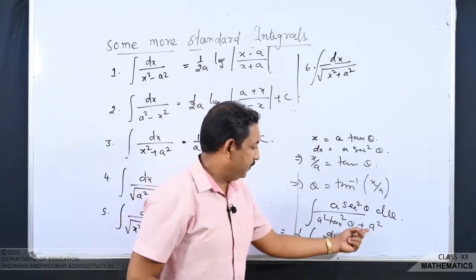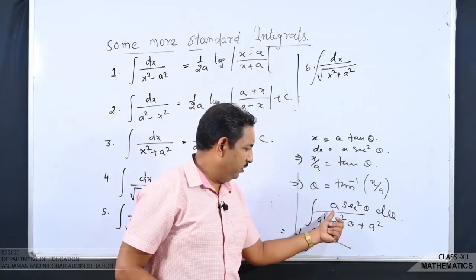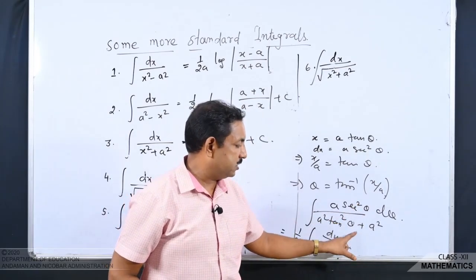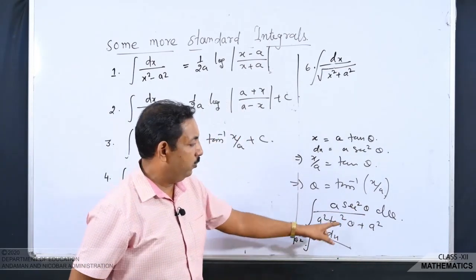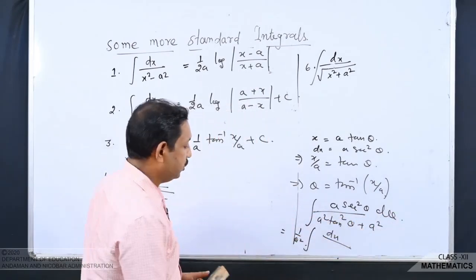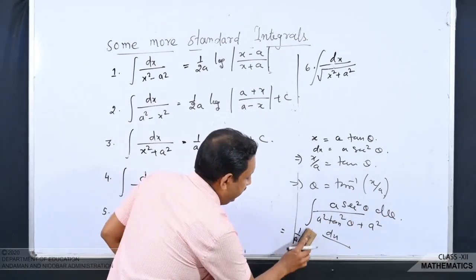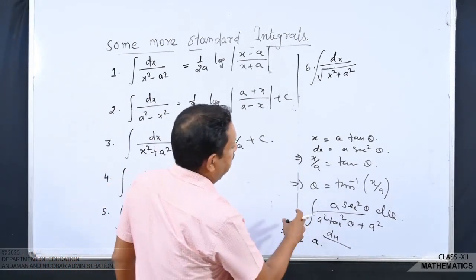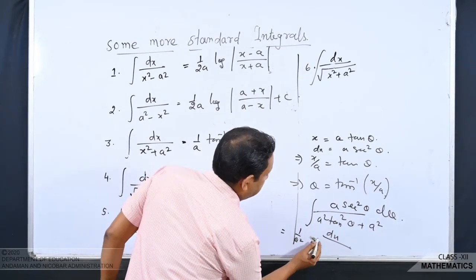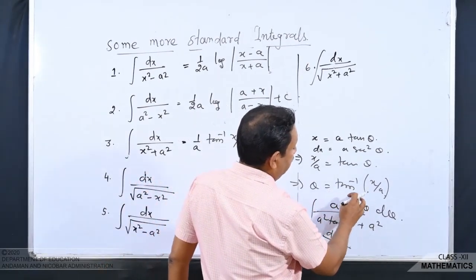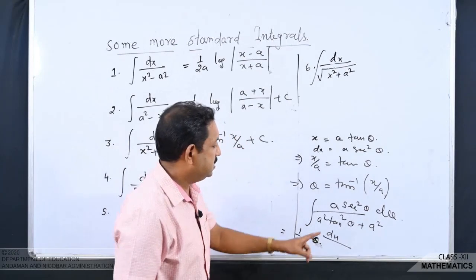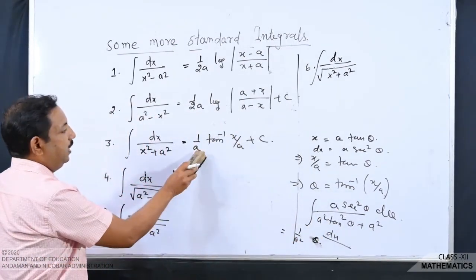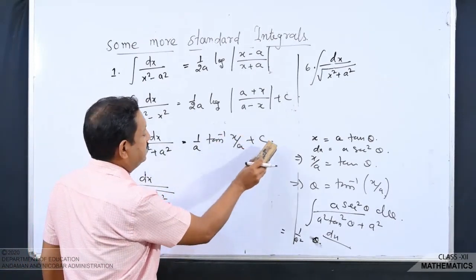And after taking a square common, you will have a sec square theta in the denominator also, so sec square theta will cancel out. The remaining will be only d theta, and the integration will be 1 by a square times theta. Theta equals tan inverse of x by a, so one a will cancel out. So the answer will be 1 by a tan inverse x by a plus c.